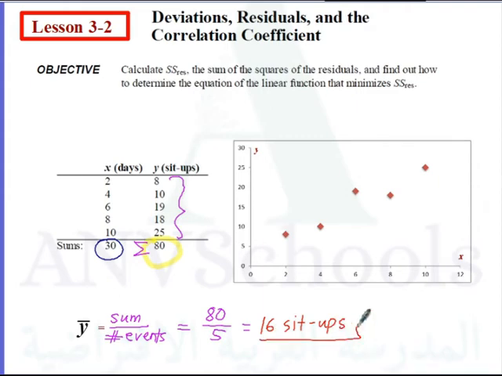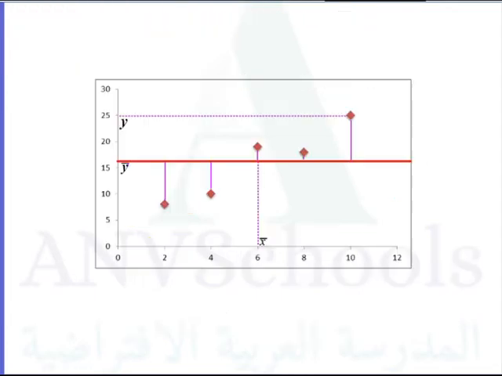Okay, so for these 5 data that he performed the sit-ups, the average of one of these performances would equate to 16 sit-ups. Okay, and then now let us graph the mean of the number of sit-ups that Mo did.